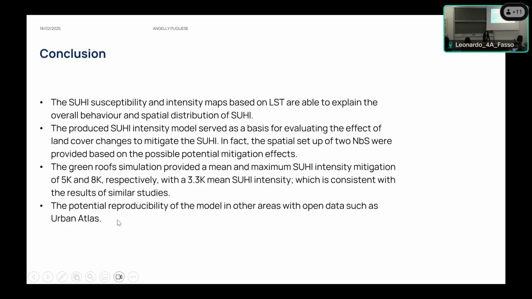Finally, the potential reproducibility of the model in other areas is quite easy. You saw that it was done in the beginning using Urban Atlas or other local land cover maps.